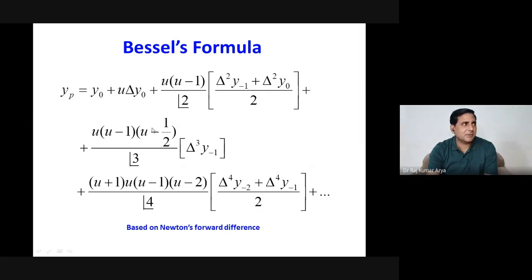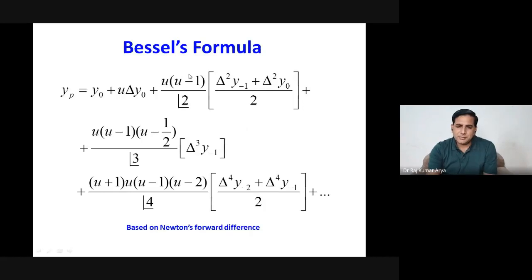This is based on Newton's interpolation. This u is practically the same as alpha, because previously we have taken alpha here. Here y_p means the unknown value, y naught, and this is calculated from here. So this is based on your forward difference.